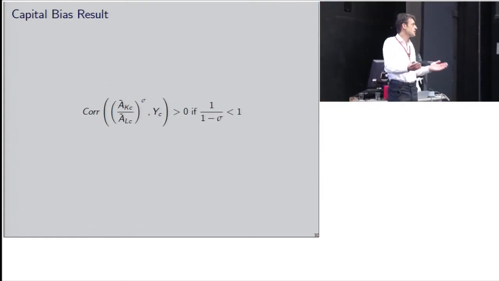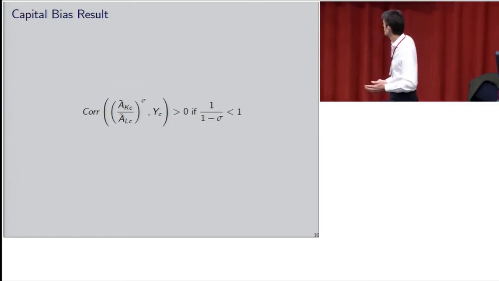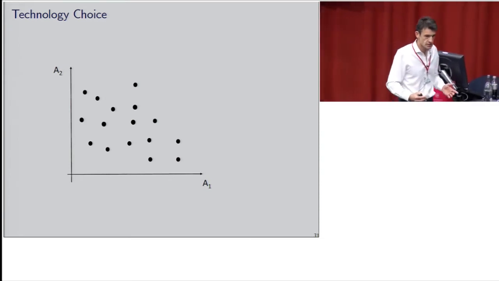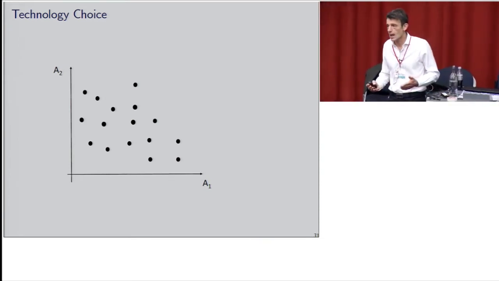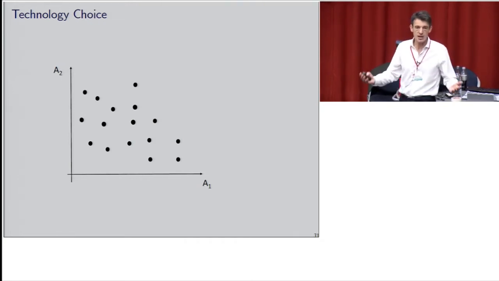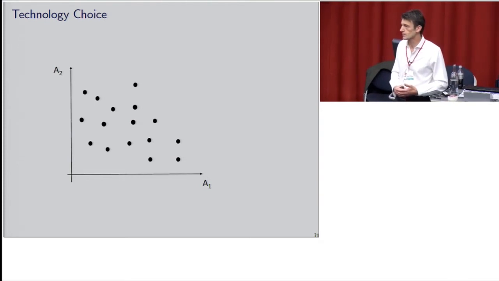And so let me try to rationalize these things for you. So the starting point is to think about technology choice. And the idea of technology choice is that when you decide to produce something, there are many, many recipes with which you could produce it. All right?